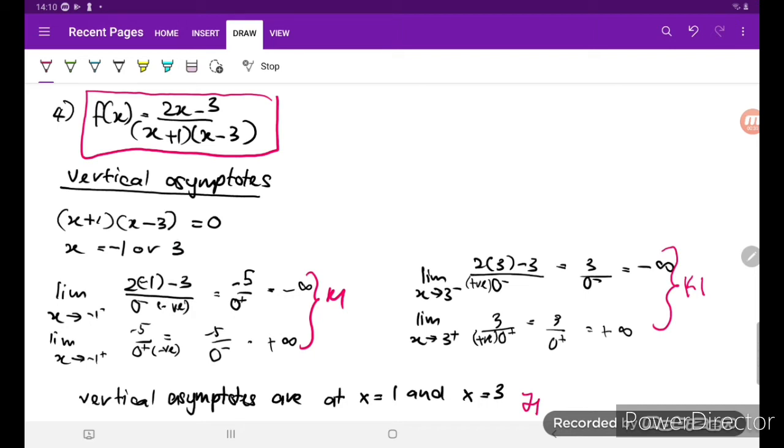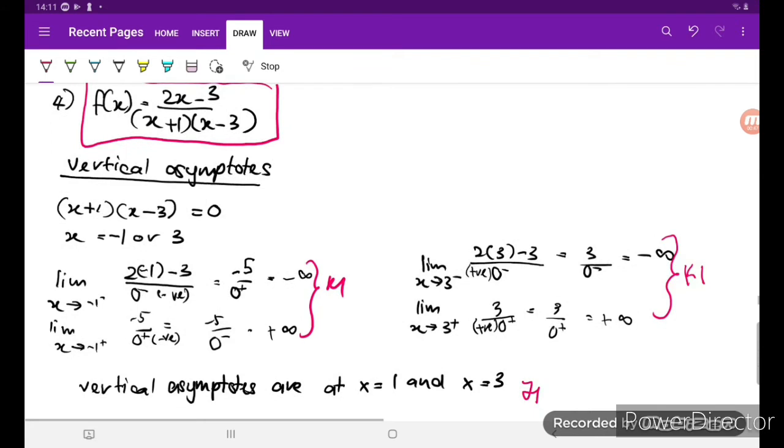This is the way how to find vertical asymptotes. And then we want to test. Our target is to find the limit when x approaches -1 plus minus and x approaches 3 plus minus, so that all the calculation will get either positive or negative infinity. That is to make sure that it is a vertical asymptote.